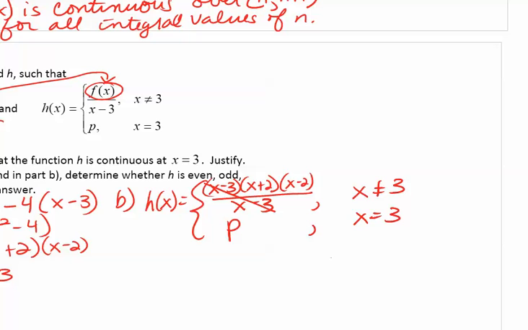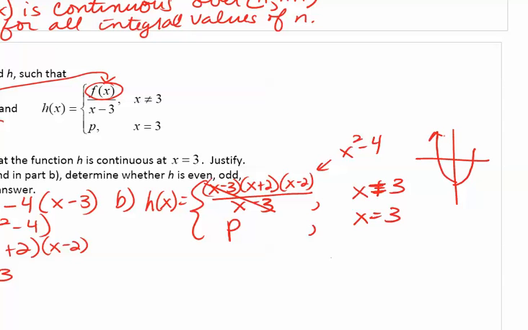All right, so what do we know about this function? If we want it to be continuous, so it's a parabola. This, of course, is x squared minus 4. So it is parabolic everywhere except the x-coordinate of 3. So you already know how to graph this function.